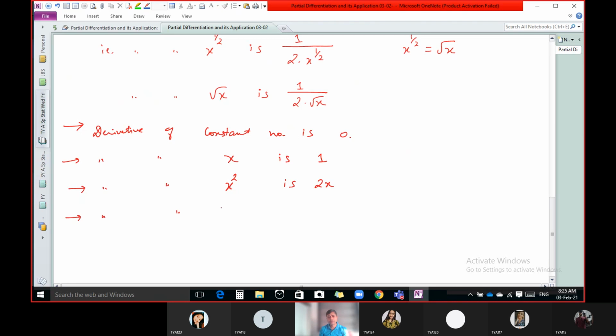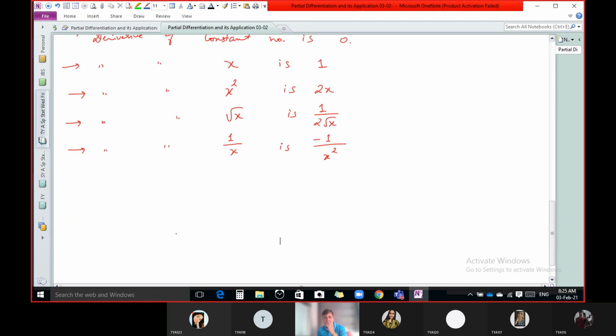Derivative of root x is 1 upon 2 root x. Derivative of 1 upon x is minus 1 upon x square. So these are results you have to learn.